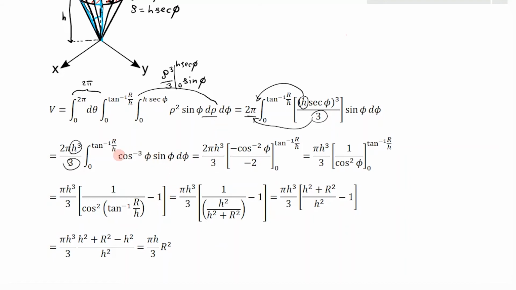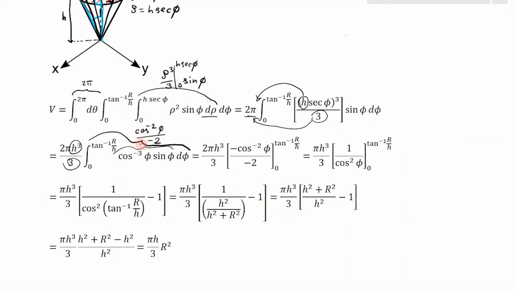Now the antiderivative of this guy is this. So we know that it needs to be cosine to the negative 2 phi over negative 2, but we need to be careful. Oh, sorry, this is the antiderivative.